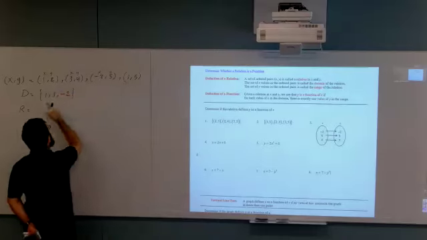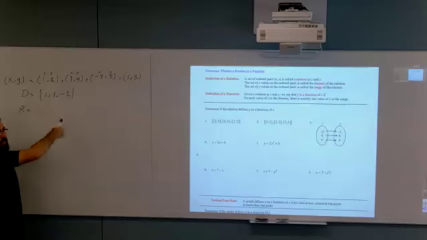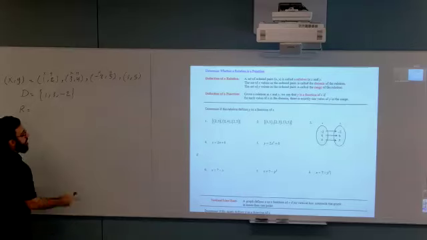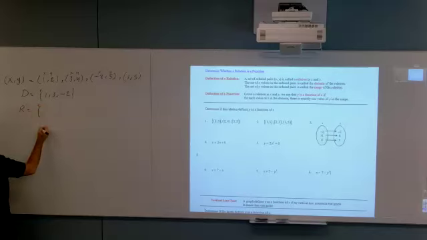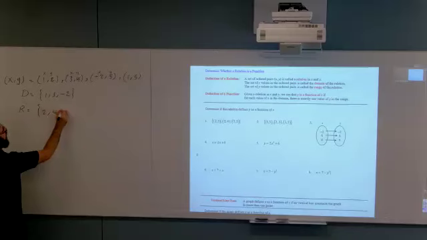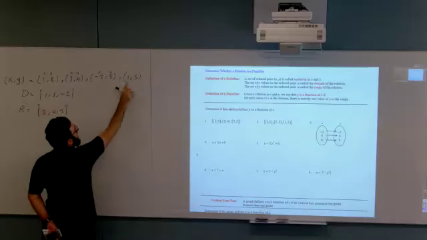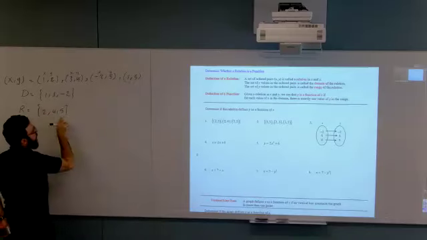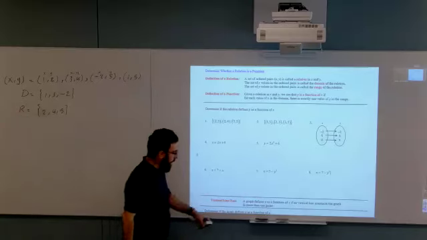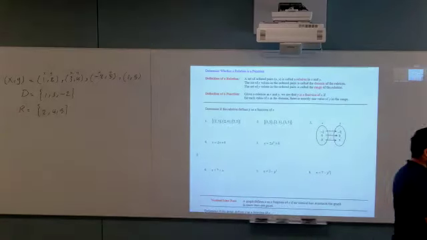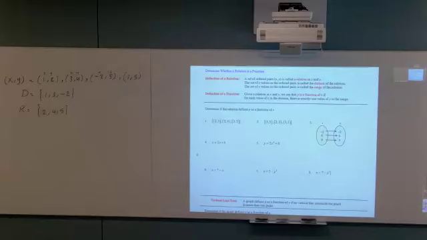Yes, there's a 1, but it's the same number here. Do not repeat the number again. There's a purpose for that. What about the range? Also, it's going to be 2, 4, and 5. I have 5 here and 5 here, but I'm not going to repeat the number when I write down the range. Is that okay? That's fine.